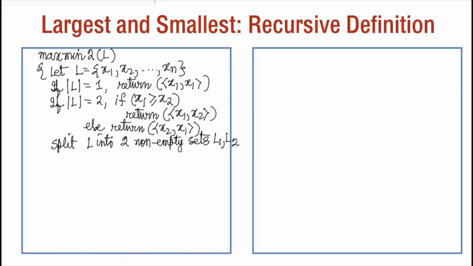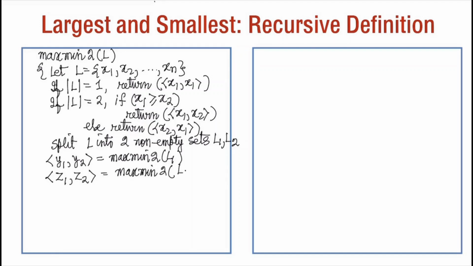We split it into two non-empty sets, L1, L2, and recursively get y1, y2 from max min 2 of L1 and z1, z2 from max min 2 of L2. That means y1 is the max and y2 is the min of L1, z1 is the max and z2 is the min of L2.